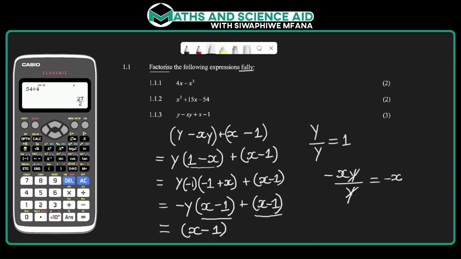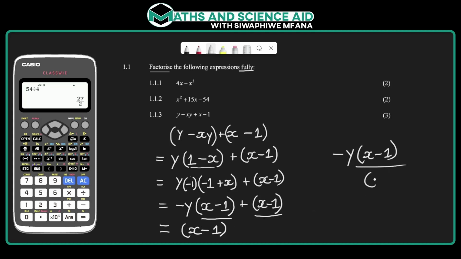As usual, you can find what you are left with by dividing. And so we have negative y into x minus 1, and we need to divide by our common factor, which is x minus 1. So this x minus 1 is going to cancel with that x minus 1. So you are going to be left with negative y. So we are going to open our bracket and then we write negative y.